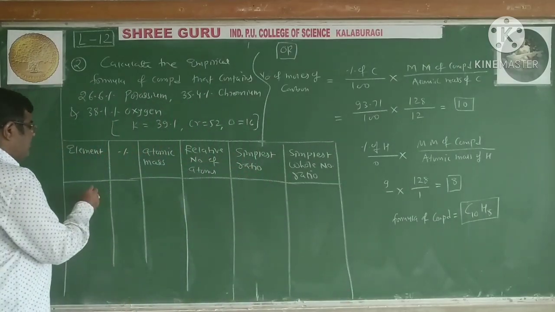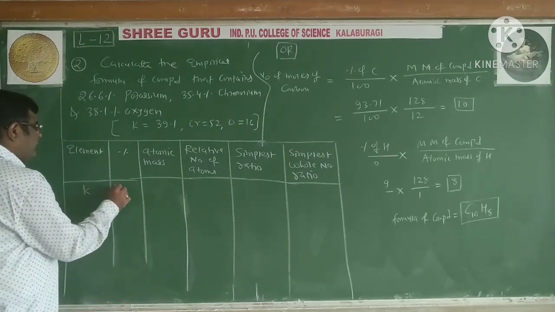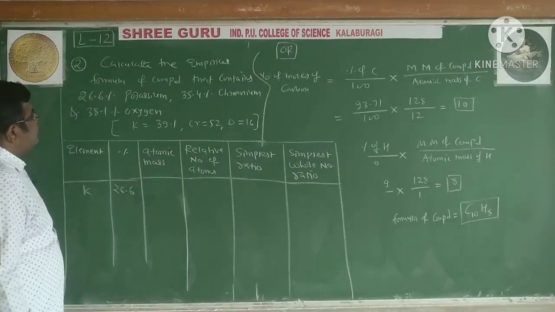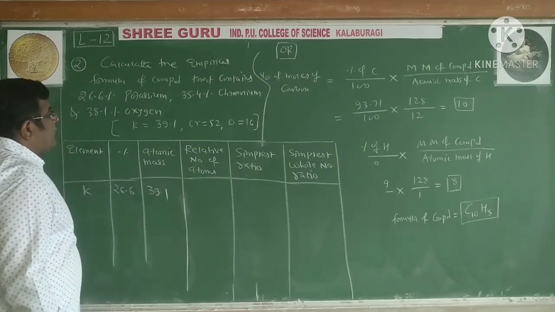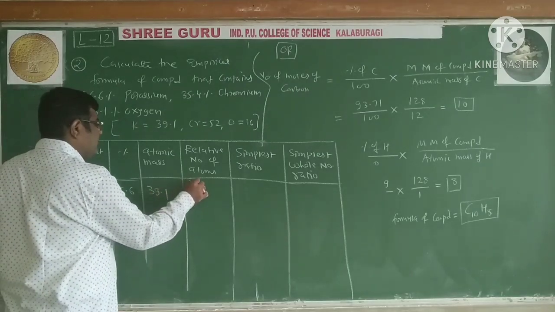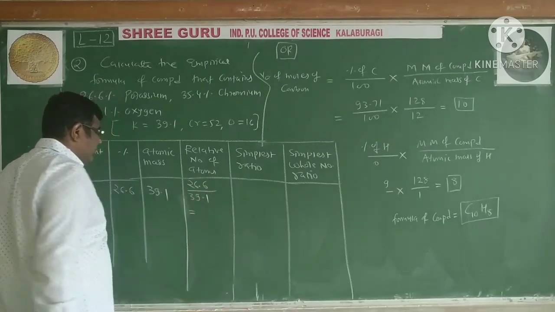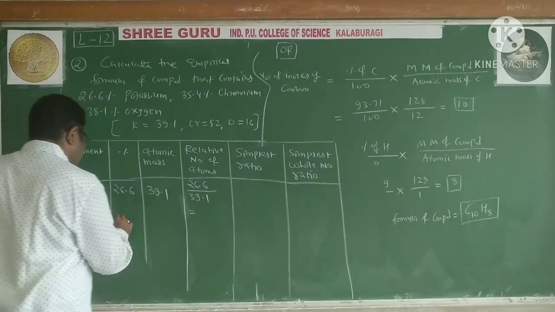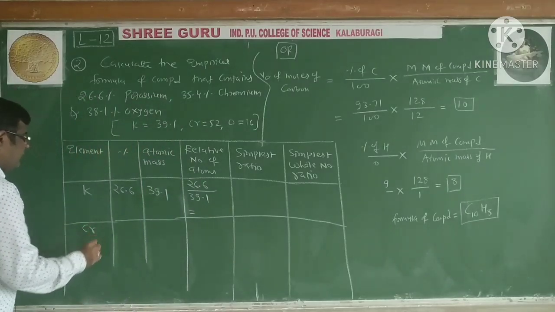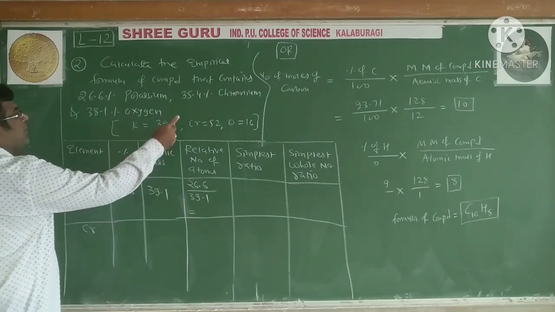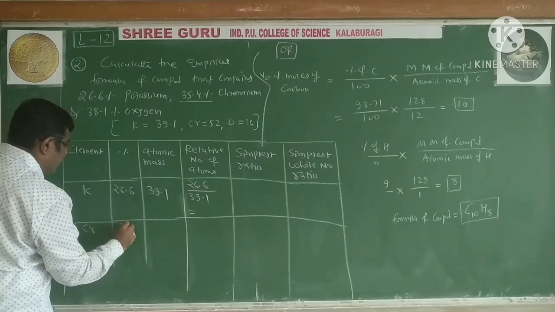So the first element is potassium, K. Percentage they have given is 26.6. Atomic mass is 39.1. The relative number of atoms is 26.6 divided by 39.1. We first arrange this and then we'll solve it. This is chromium. Percentage given is 35.4.